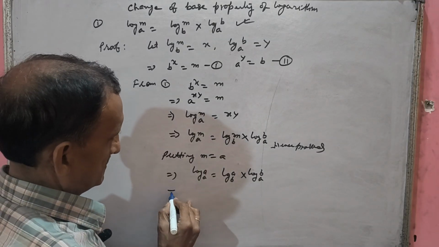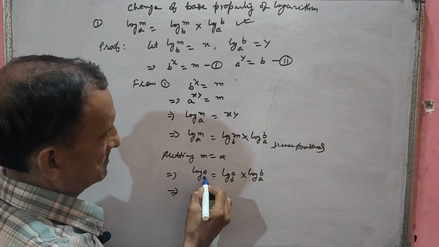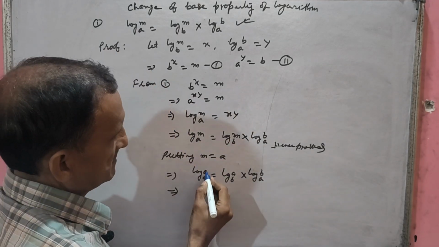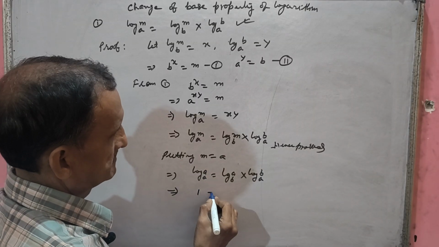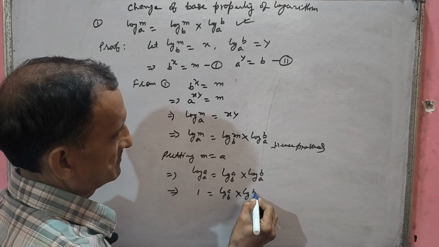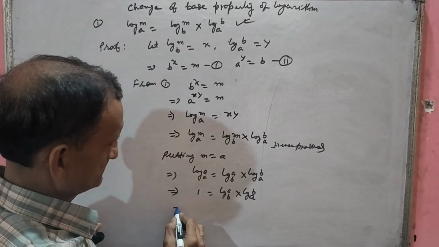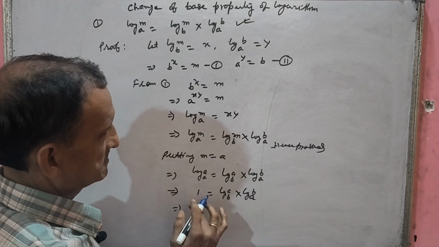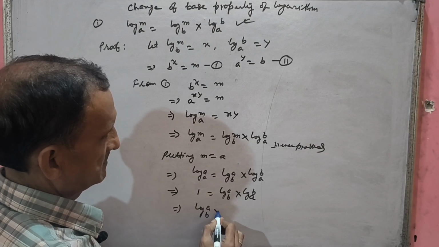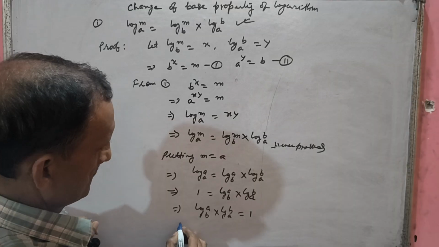Now you have the property that the logarithm of any number to the same base, log a to the base a or log b to the base b, is 1. So log a to the base b into log b to the base a equals 1.